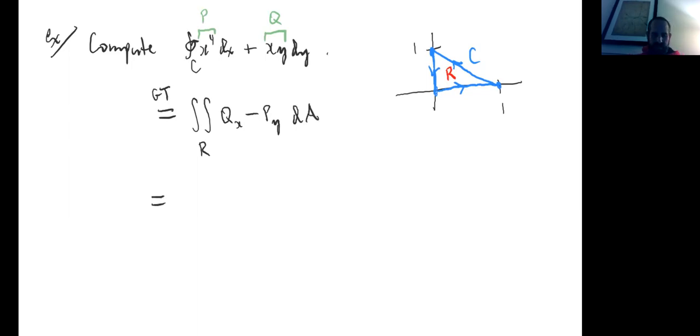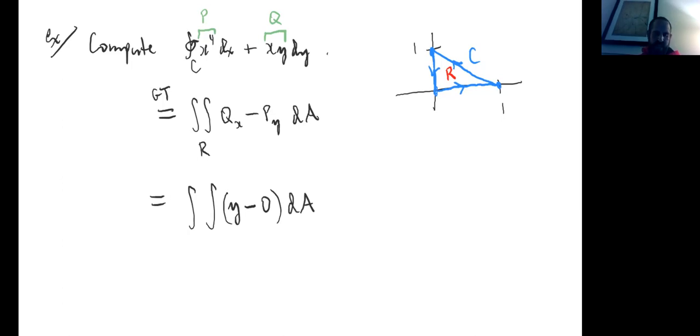In this case, what is the x derivative of Q? Well, it's y. And what is the y derivative of P? Well, it's 0, for crying out loud. How convenient.